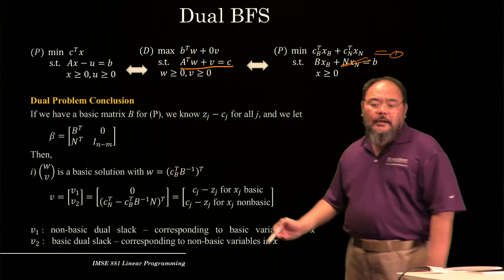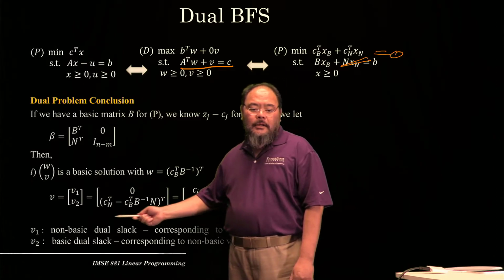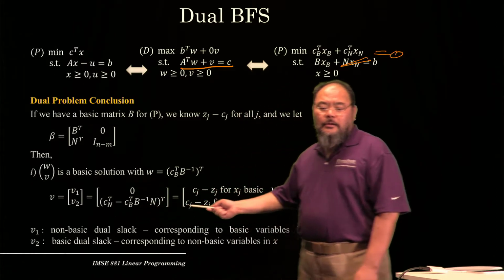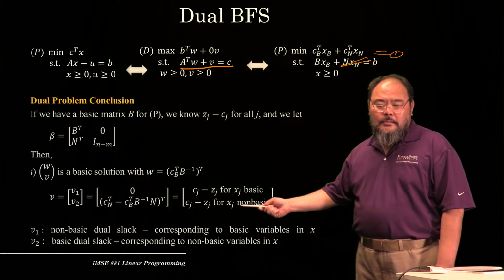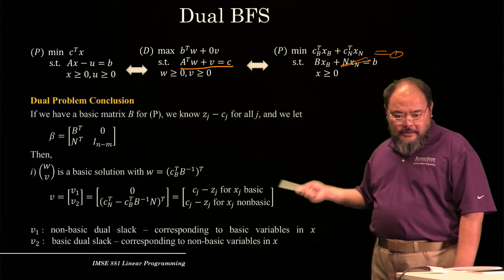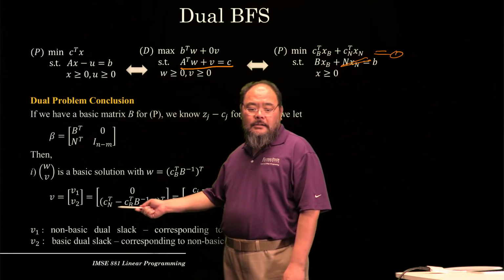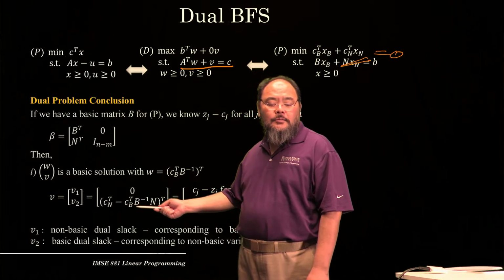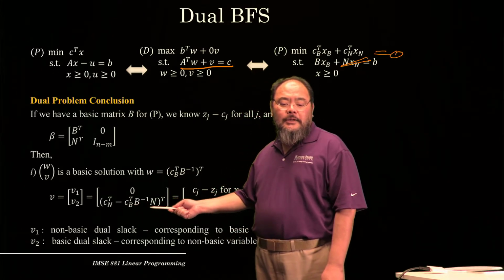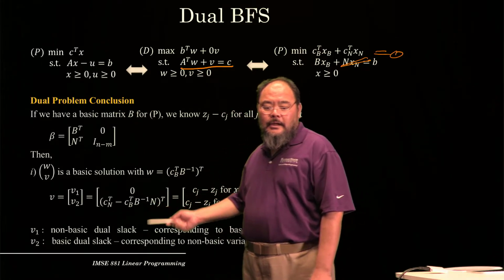So that means if the dual slack for the second part is not equal to 0, then the corresponding primal variable is non-basic. They equal 0. And we can easily write it out as CN transpose minus CB transpose times B inverse times N. What is this? Basically CN minus ZN.